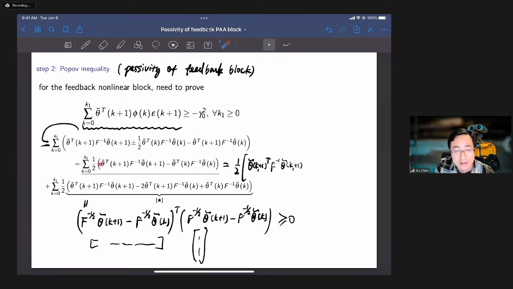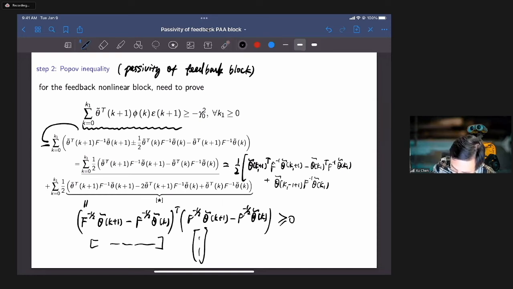I'm going to write out the summation form term by term, or at least the beginning terms. This is minus theta tilde K1 transpose F inverse theta tilde K1. That's when K equals K1. When K equals K1 minus 1 in the summation, we are going to have plus theta tilde K1 minus 1 plus 1, right? This is this term when K equals K1 minus 1, times F inverse times theta tilde K1.